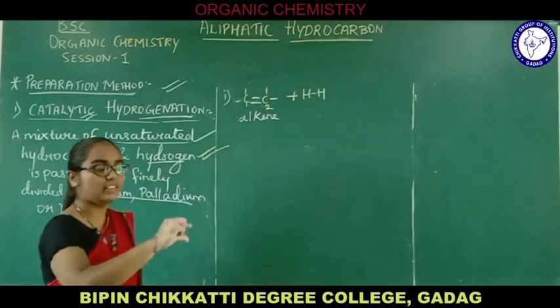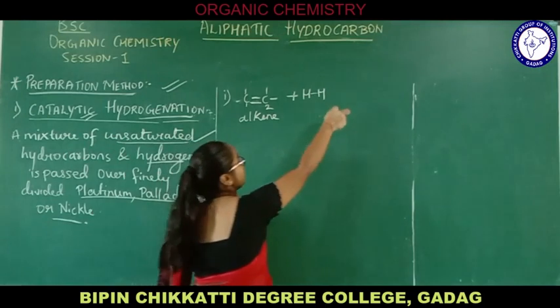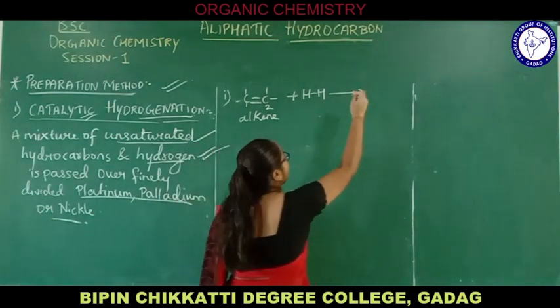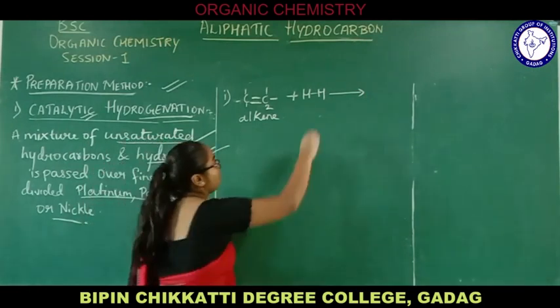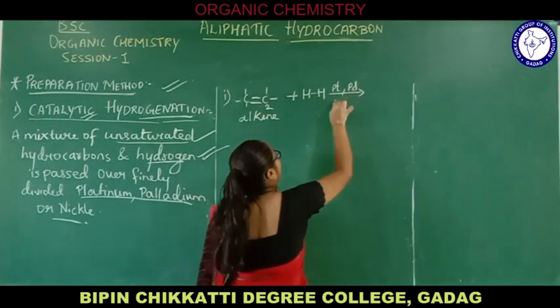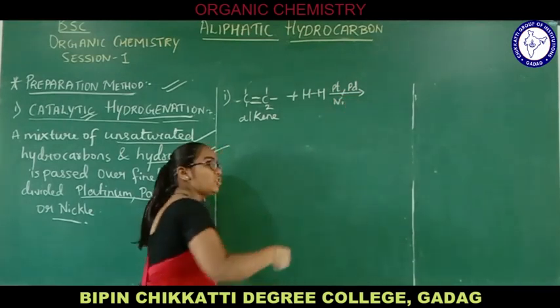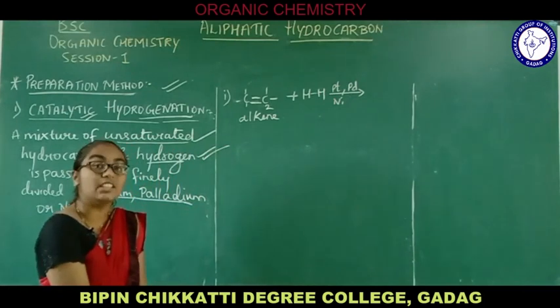I'm splitting that in the form of H2 like H-H. Okay, so this is hydrogen gas, and this reaction takes place in the presence of important catalysts, so called platinum, palladium or nickel, and the temperature is also given at around 523 to 573 Kelvin.